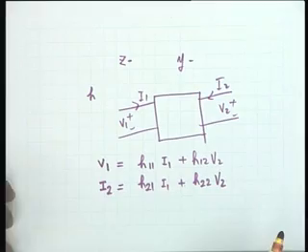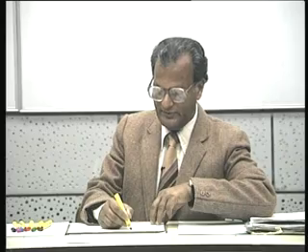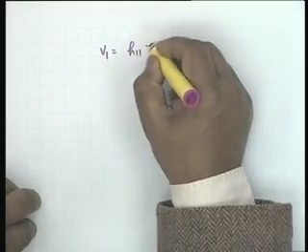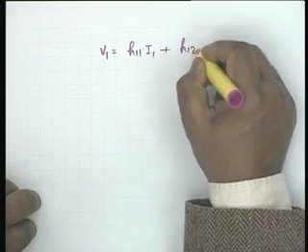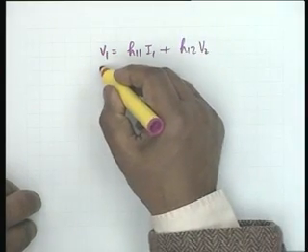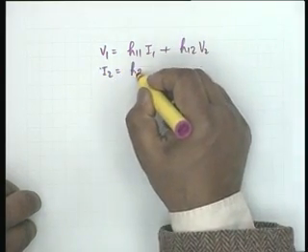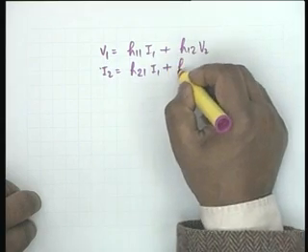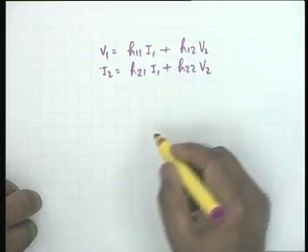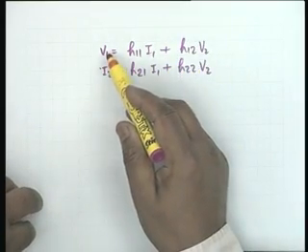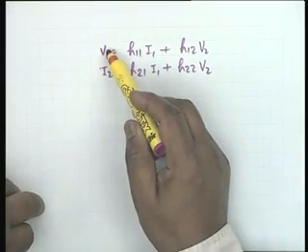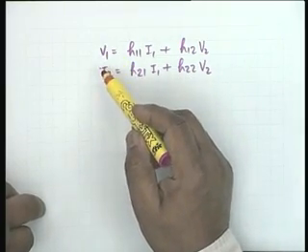If you look at the definition, which I shall repeat in the next slide, V1 equals H11 I1 plus H12 V2, I2 equals H21 I1 plus H22 V2. The thing to remember is it is the voltage at port 1 and the current at port 2.